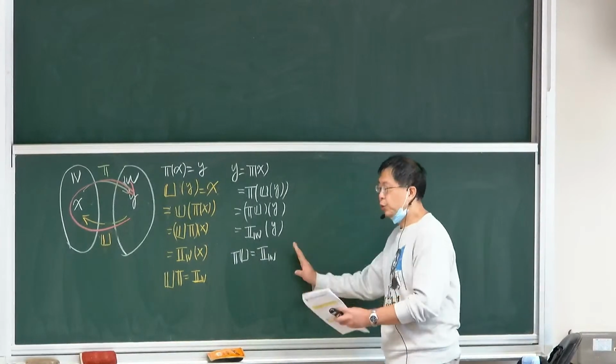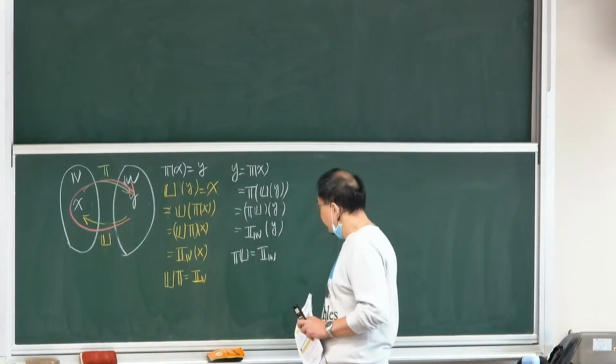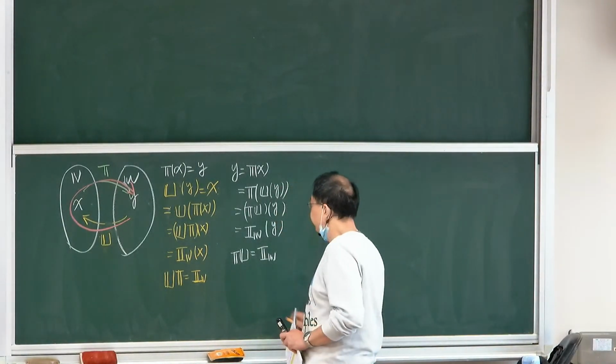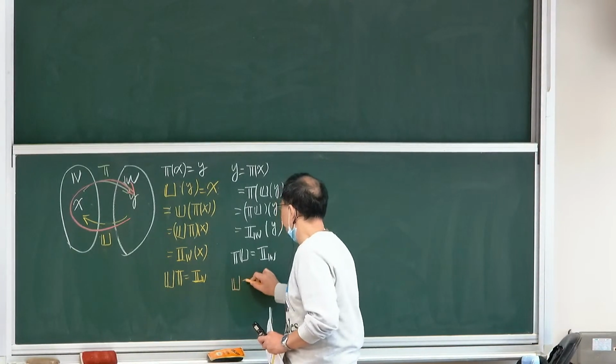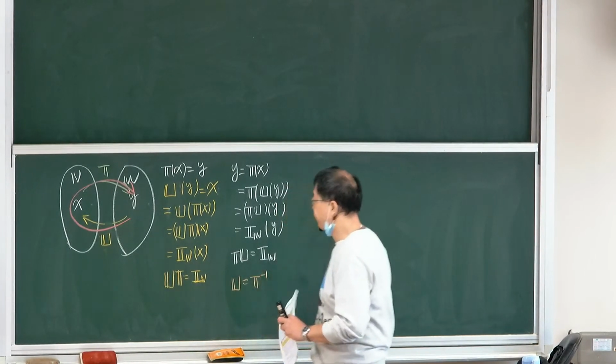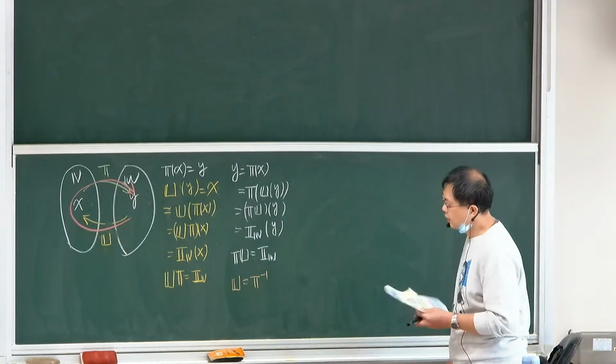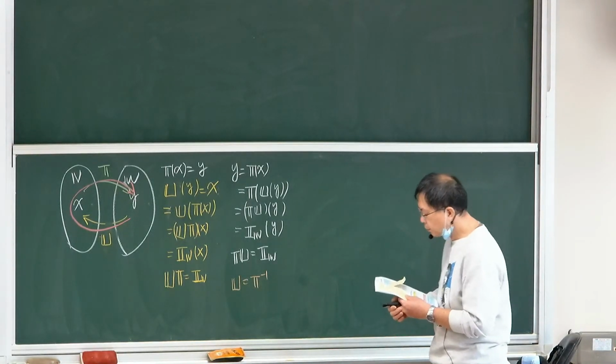If this is true, then we call this linear transformation U the inverse transformation of T, and we denote it as T inverse here.